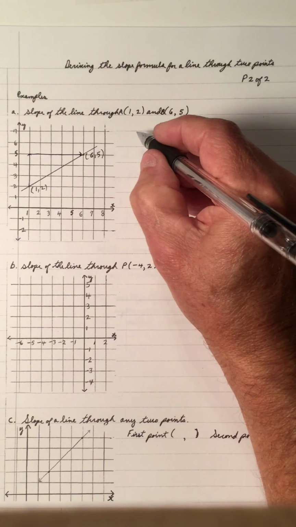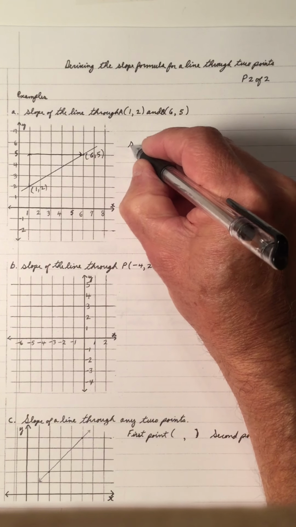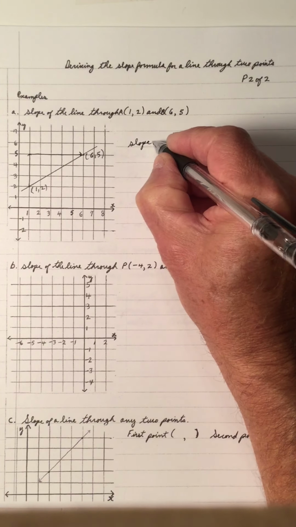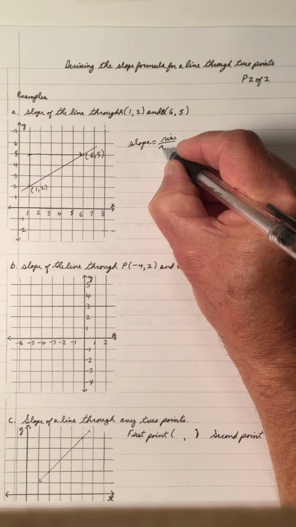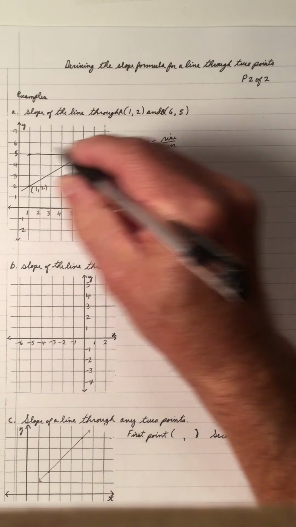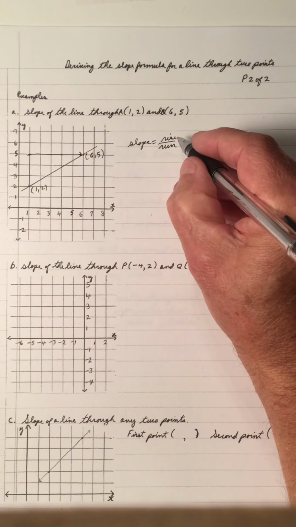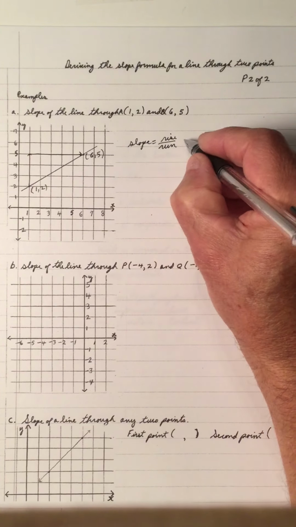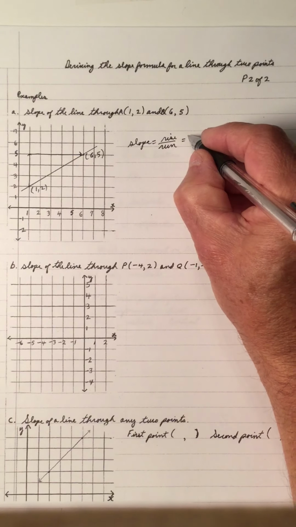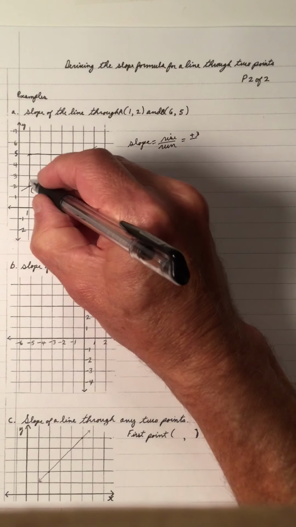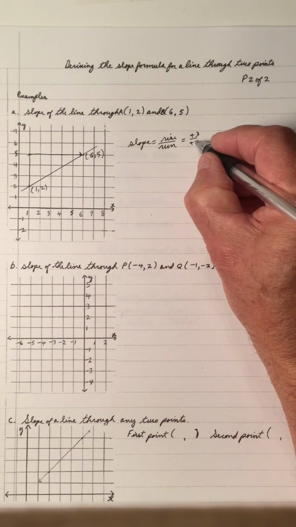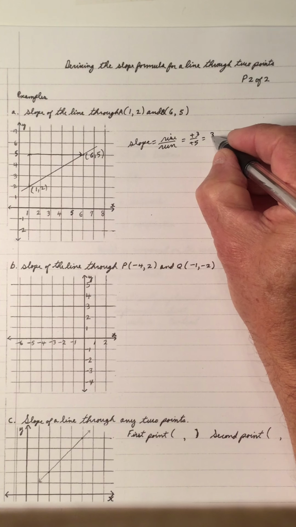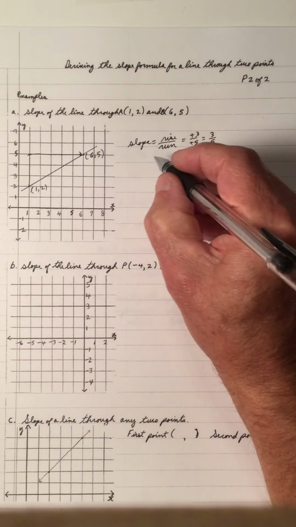So the slope for this line is rise over run. We have a rise of plus 3, 1, 2, 3, and a run of plus 5. So the slope is 3 over 5. That's what we did before.